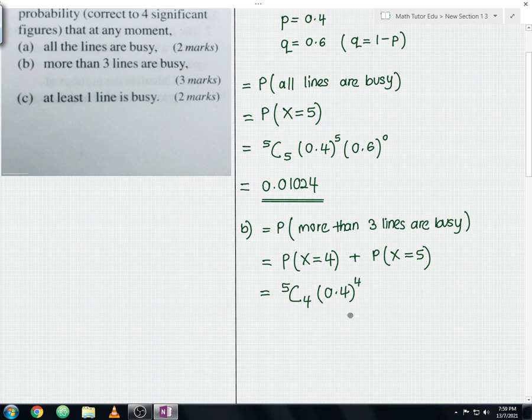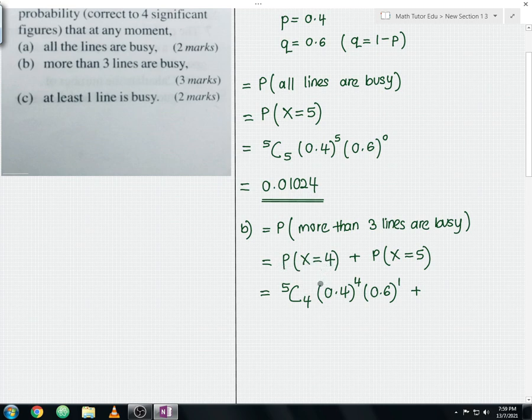Then you multiply with the probability of failure, 0.6, to the power of 5 minus 4, which gives you 1. And then you plus. This is the calculation for the probability where X equals 4.